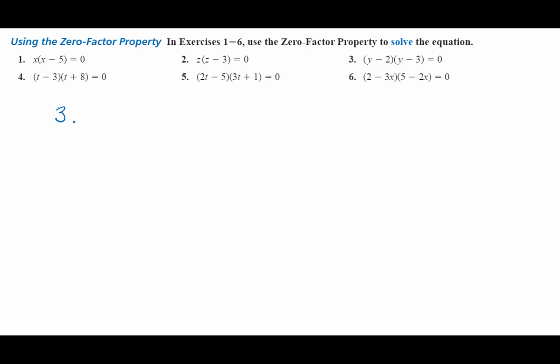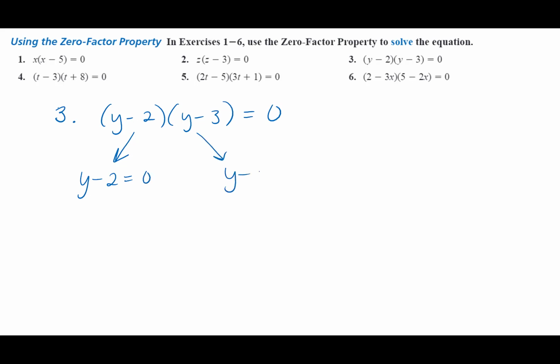Okay, take a look at number 3. You have the number y minus 2 times the number y minus 3, and when you multiply those two together, it equals 0. So here's your two options. Either the y minus 2 value equals 0, or the y minus 3 value can equal 0. What would y have to be to make these simple equations true?